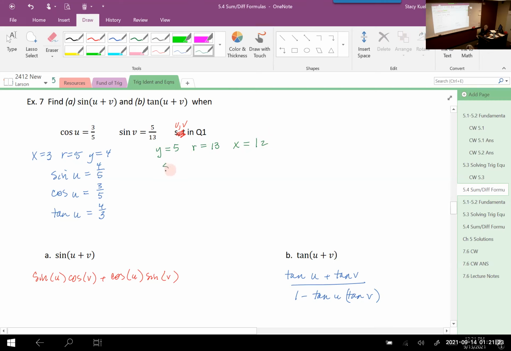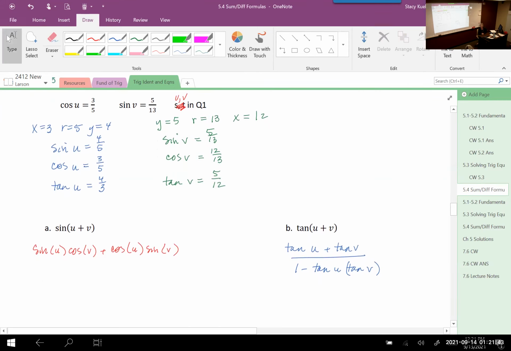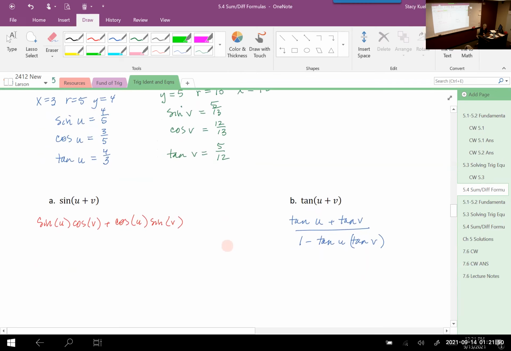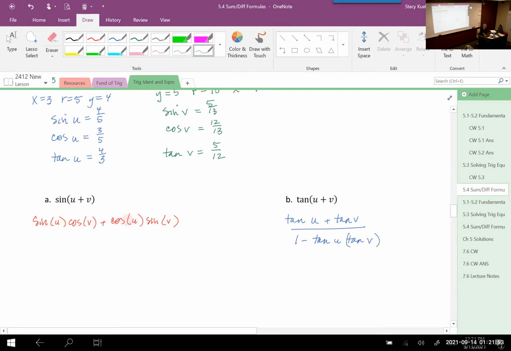So I have the sine of angle v is 5/13, cosine of angle v is 12/13, tangent of angle v is 5/12. That's nothing new, right? That's the same thing you just had a test on. But we're going to use each of those components to figure out what the sine of u plus v is.